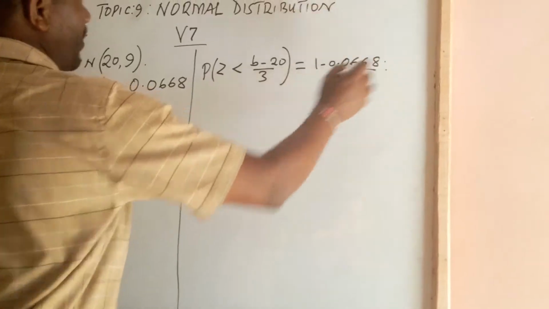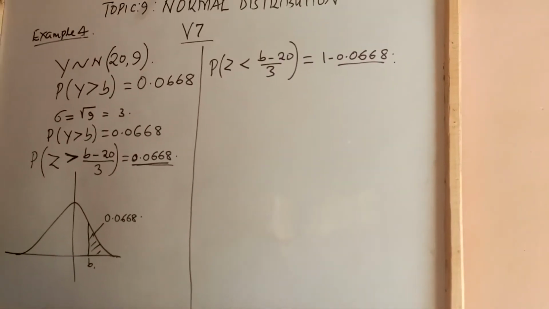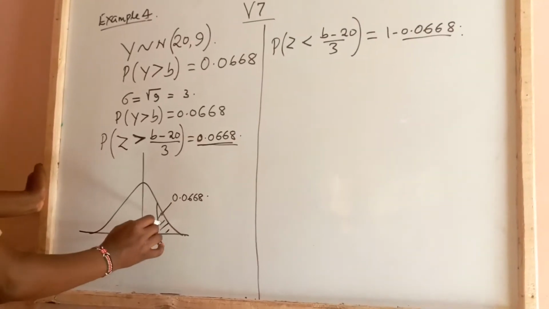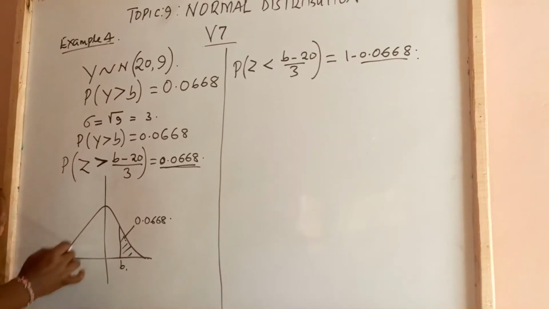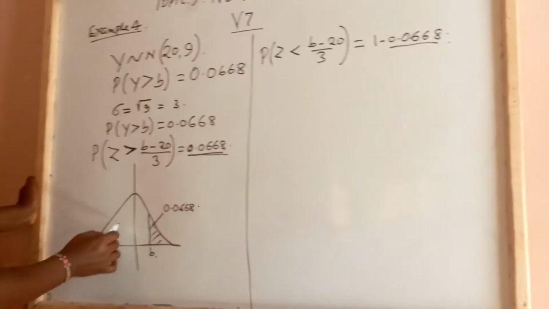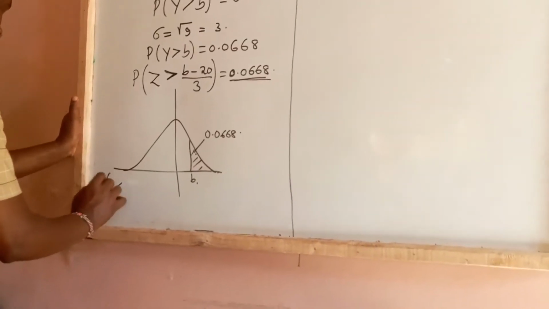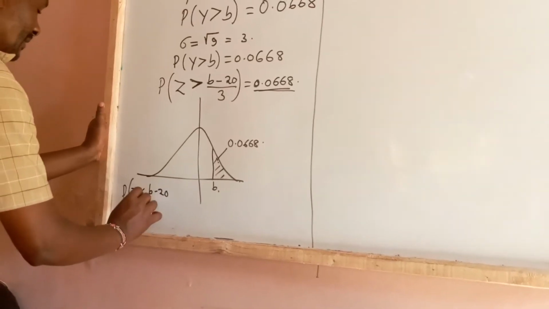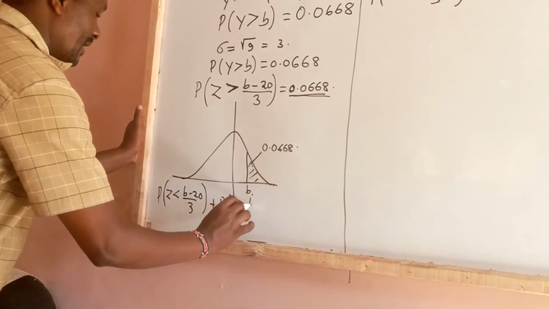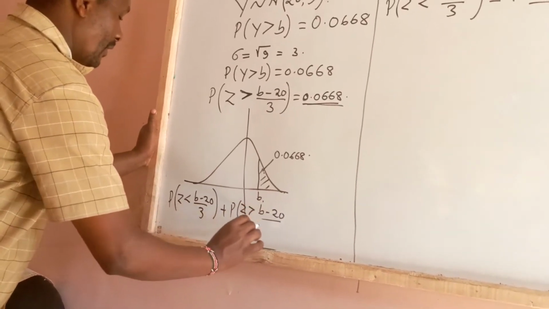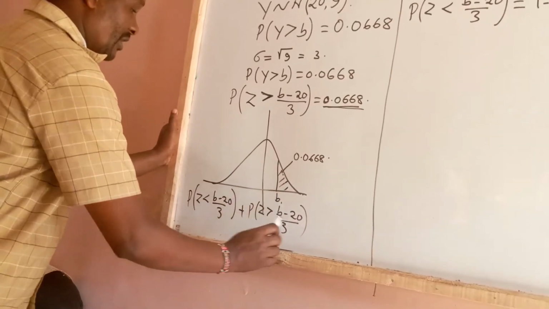0.0668. And I want to explain something here. Before we get there, it is important to note that the probability of this region plus the probability of the unshaded region is 1. The probability of the unshaded region is the probability of Z less than (b minus 20) over 3, plus the probability of Z greater than (b minus 20) over 3, because this is the region less than and this is the region greater than.